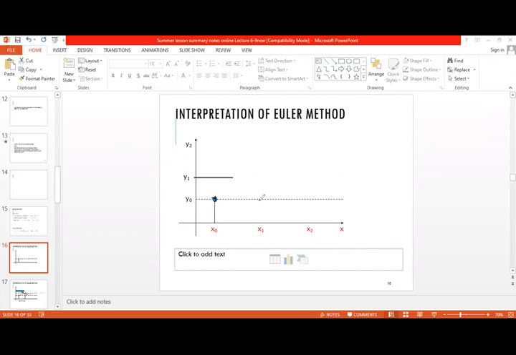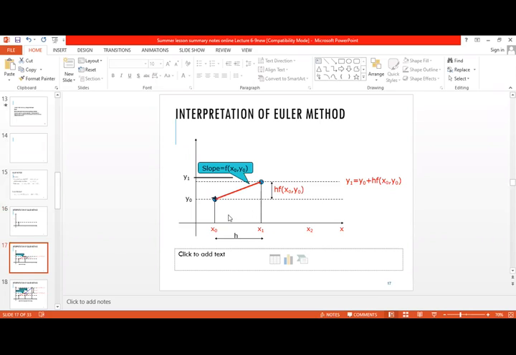From x naught, y naught, you're going to use an equal step size and then find an x1, which is x naught plus the step size.